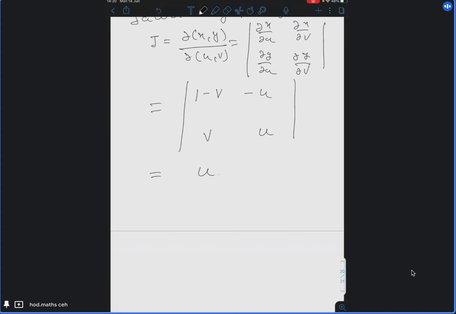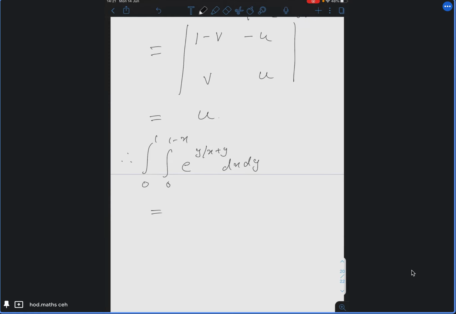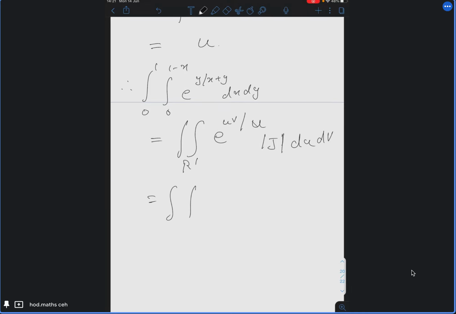You got u. So therefore, this integral 0 to 1 minus x, e to the power y by x plus y dx dy is now the integral over R dash of e to the power u v by u, since y is u into v and x plus y is u, times the Jacobian, du dv. So this will be e to the power v only you got, Jacobian is u, du dv. Limits of v 0 to 1, limits of u 0 to 1.